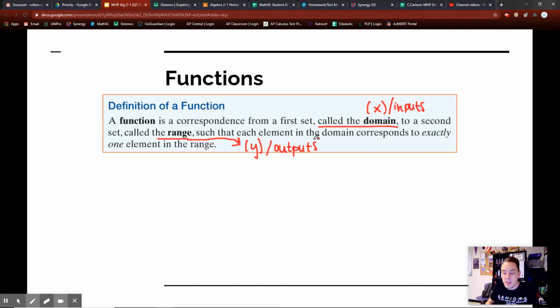So what happens here? Think of a function like a machine. It functions correctly. Your cell phone is a function because it corresponds to certain things. If you touch its screen, it registers that you touched the screen and puts something out there for you. So let's say I click on my Facebook app. I use my finger, the input, and then what comes back out is the actual Facebook app.